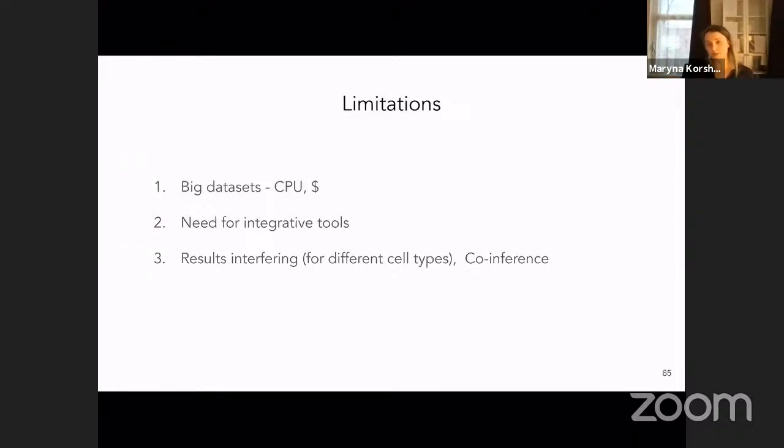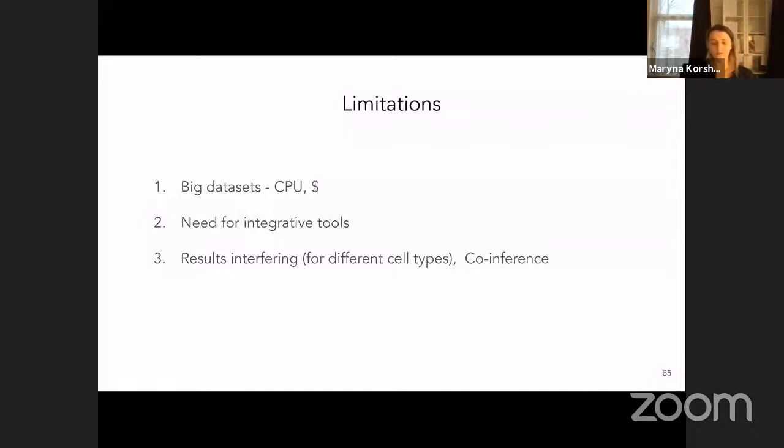It might also cost a lot to handle and process this data. Also, there is a very big need for integrative tools, because a gold standard for multi-omics analysis, for both wet lab and computational methods, has still not been set. That is why integrative tools need to be developed.